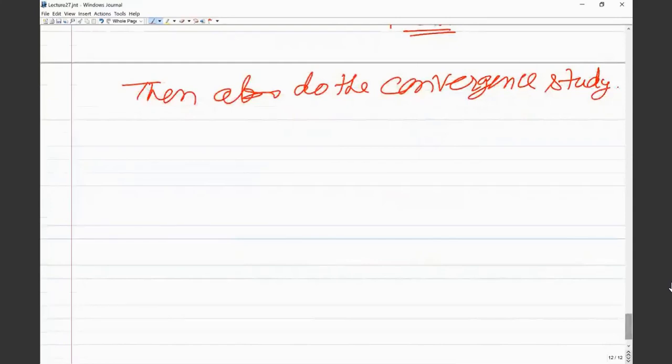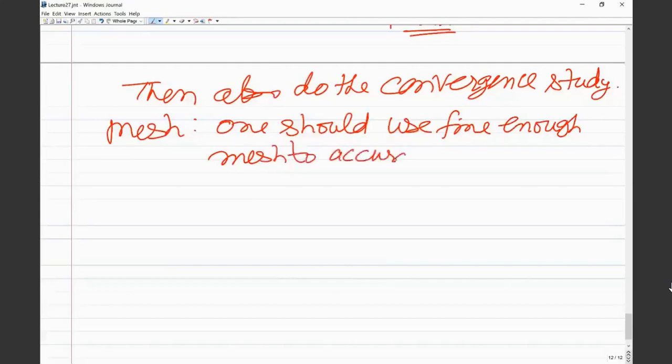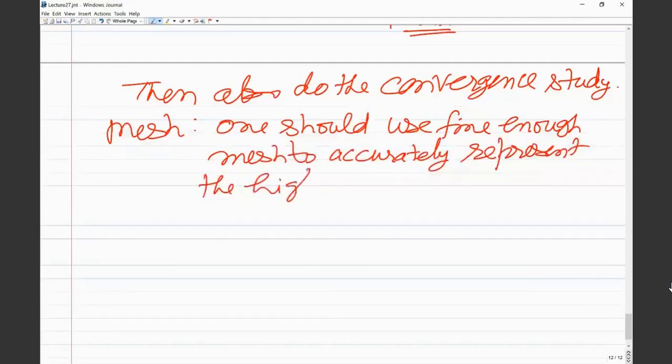Particularly for structural dynamics problems, the basic thing is that one should use a fine enough mesh to accurately represent the highest participating mode.